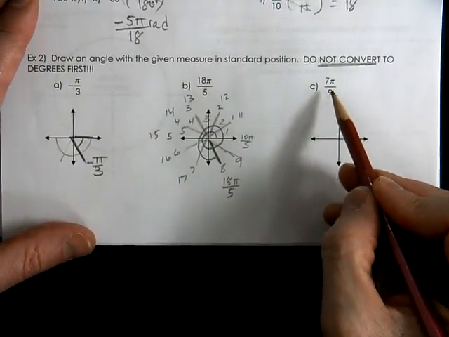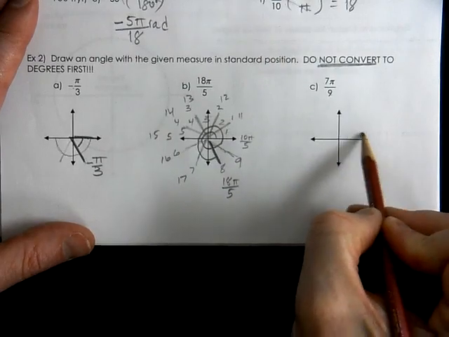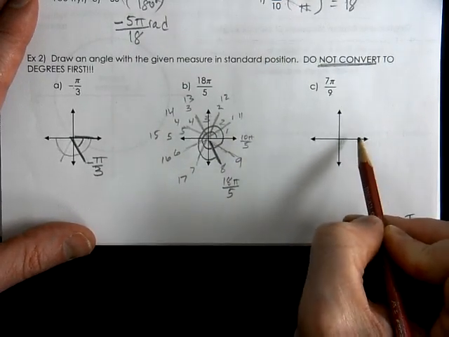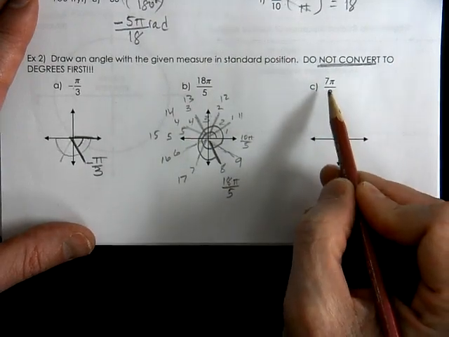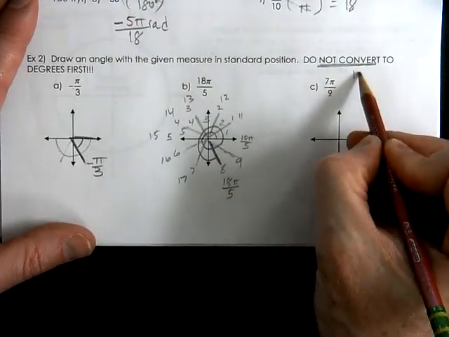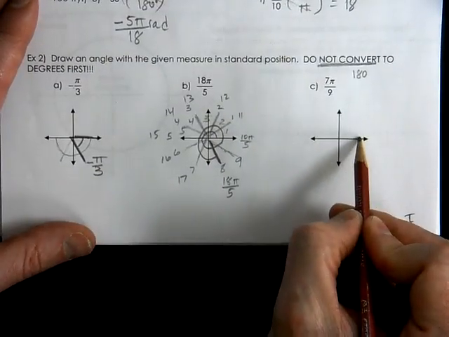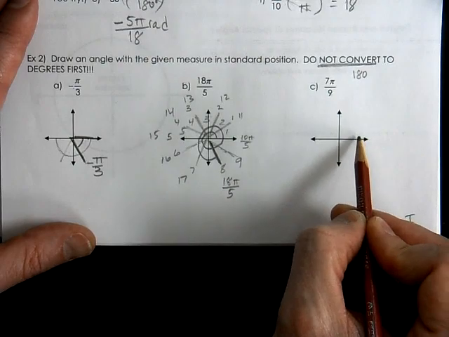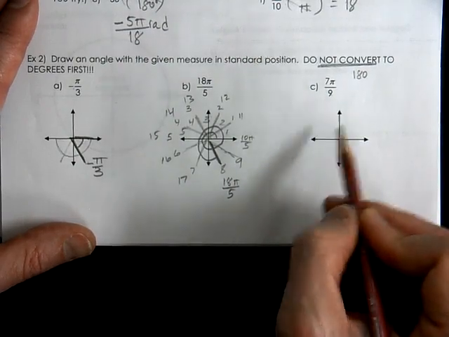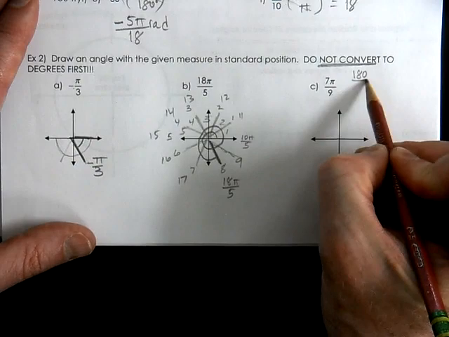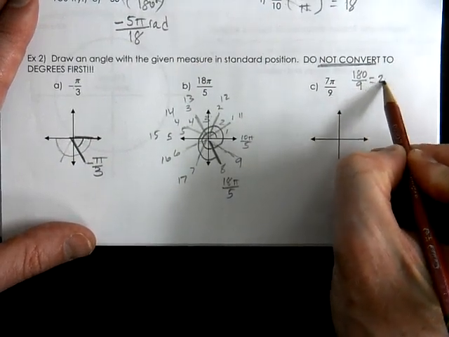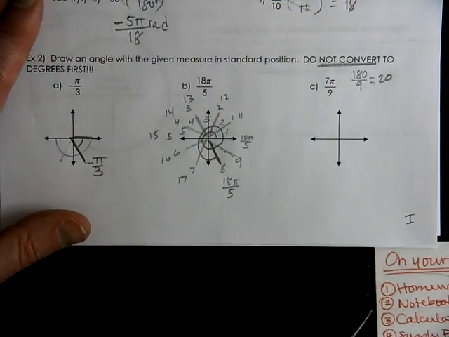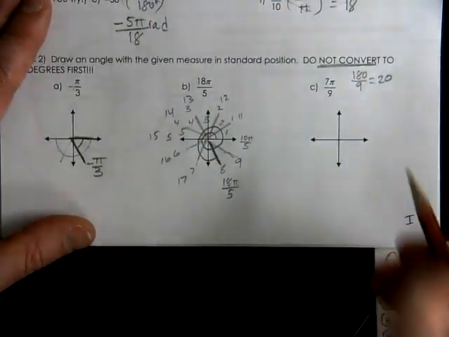This next one has 9 for a denominator. Now that's a little intimidating in trying to visually think about where the lines would be, so I have 9 equal sections. One way you can think about this is, you know that we have pi radians for half the circle, for 180. So I'm going to divide the 180 into 9 equal amounts. So each of these slices needs to be 20 degrees.